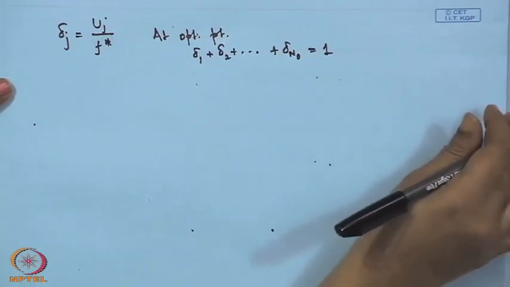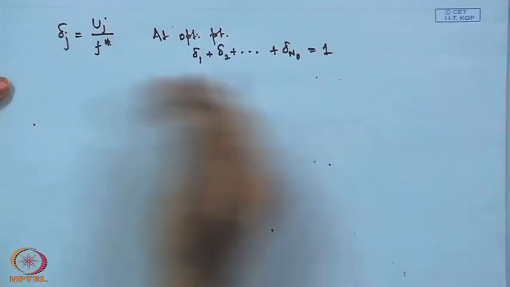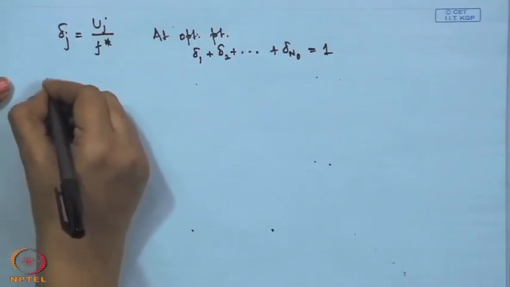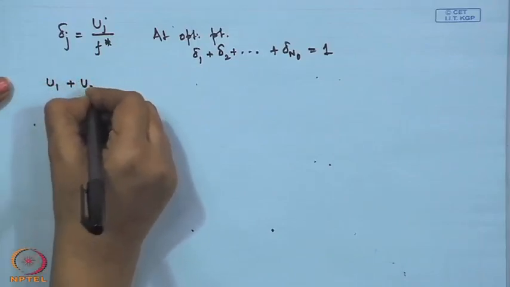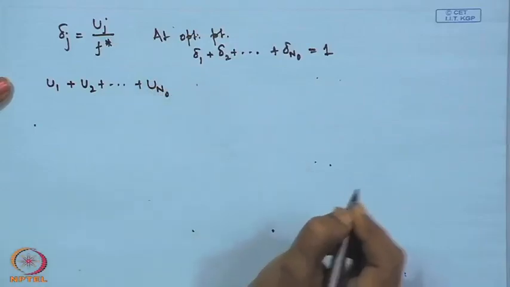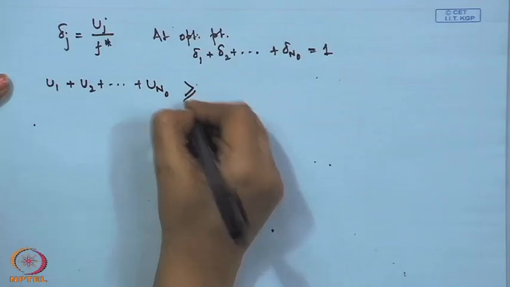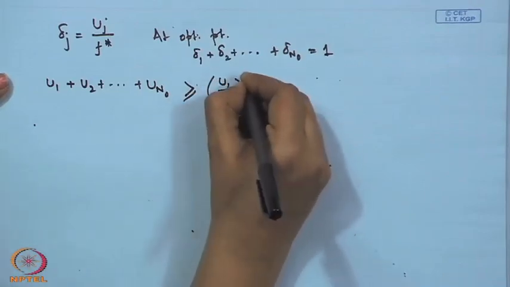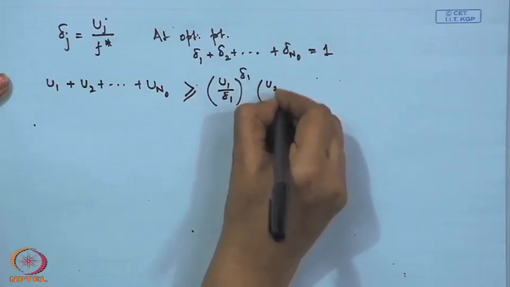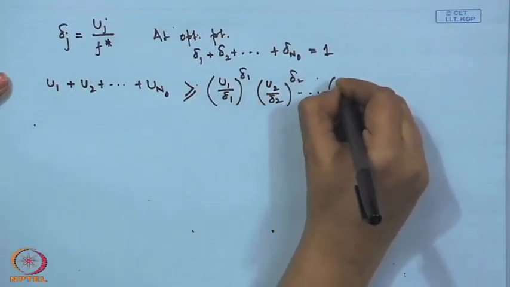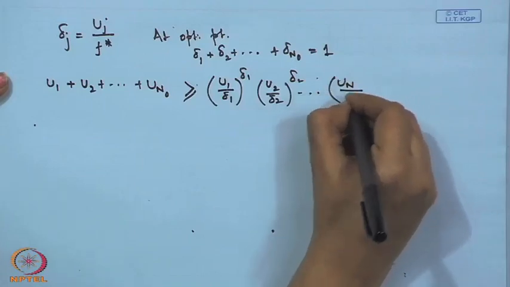That is why it comes out equal to 1. Now, from the previous, u1 plus u2 and so on is the objective function of the constrained geometric programming problem. This is greater than or equal to (u1 by delta 1) to the power delta 1 times (u2 by delta 2) to the power delta 2 and so on. From here we have developed the primal-dual relationship.